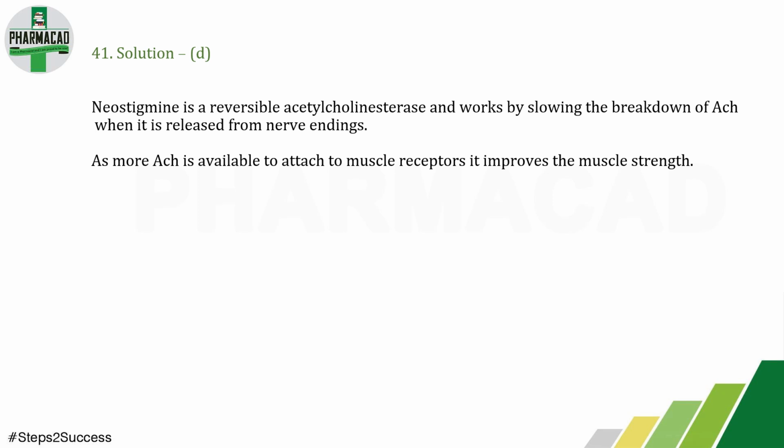For the mechanism of action of neostigmine, we should know that it is a reversible acetylcholine esterase inhibitor. As it is inhibiting the acetylcholine esterase, what will it do? It will reduce the breakdown of acetylcholine, so the amount of acetylcholine will increase. So more of it is available to attach to the muscle receptors. It improves the muscle strength. So the correct option here is option D, that is it interferes with the action of acetylcholine esterase.